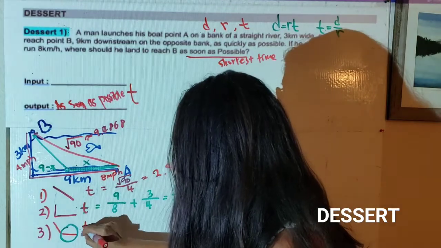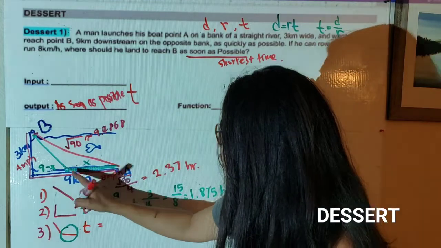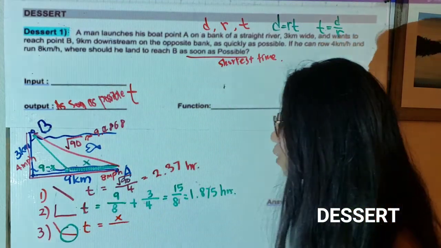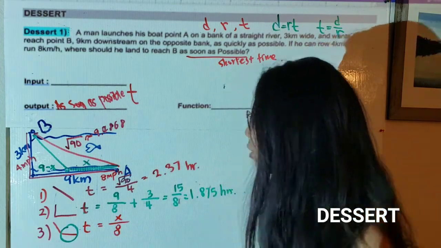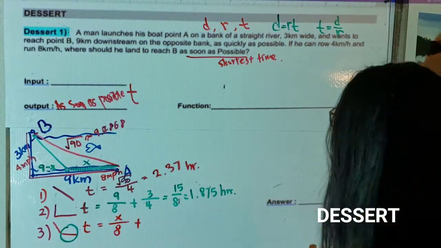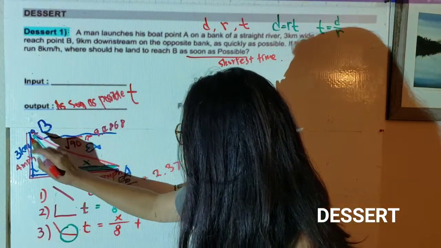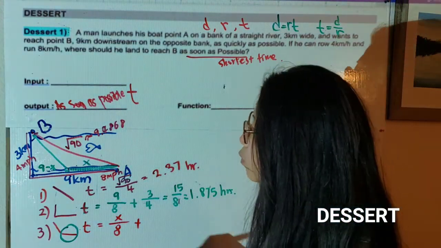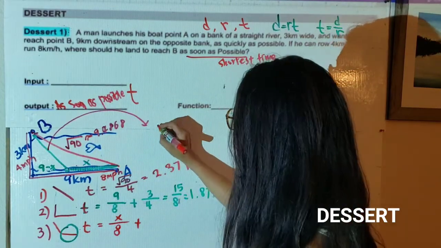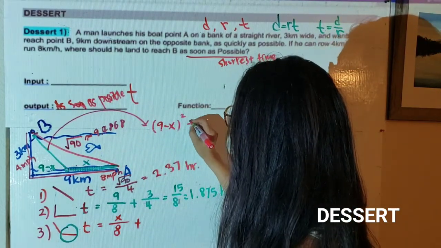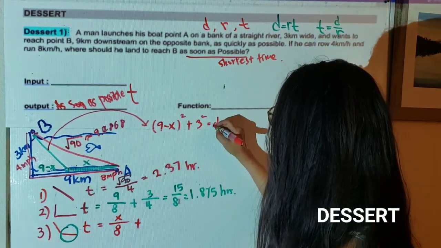The time running along the water is x over the speed, which is 8 kilometers per hour, plus, because time is distance over rate, the time for the rowing part. What is this distance? We have to find that distance using the Pythagorean theorem. So (9 minus x) squared plus 3 squared has to be this distance squared.